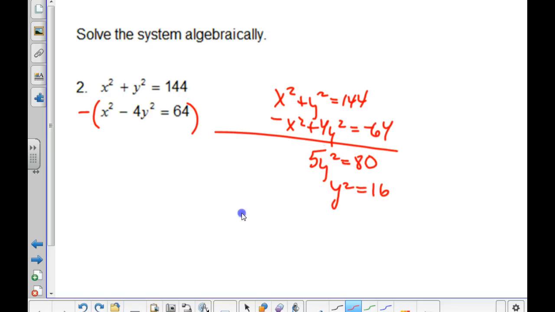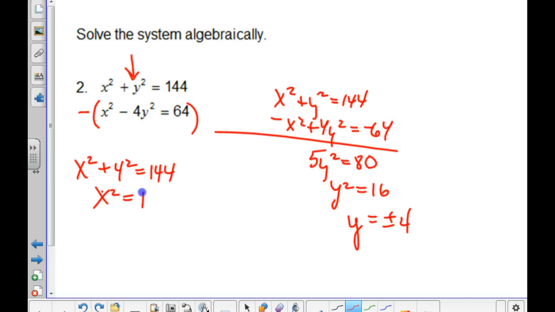So y is what? 4, plus or minus. Uh-oh. Now, if I were to put a 4 back in for y, I think it's 128. Did I subtract that right?